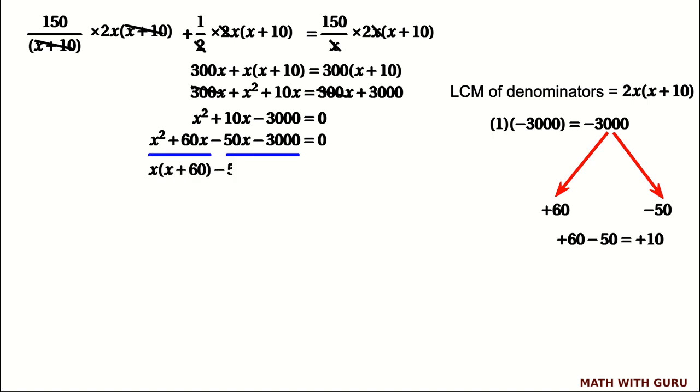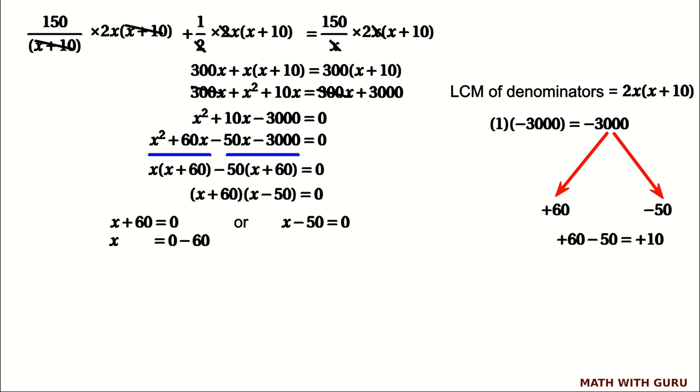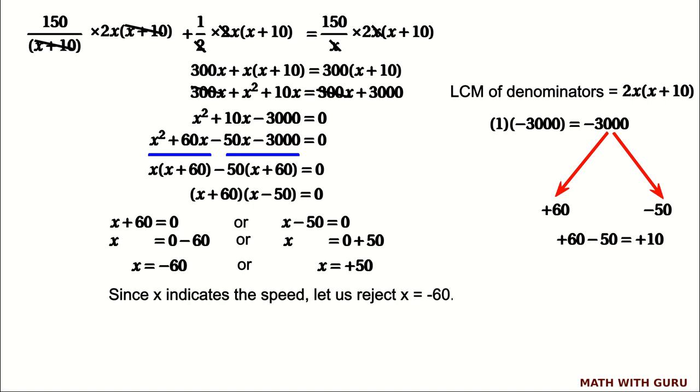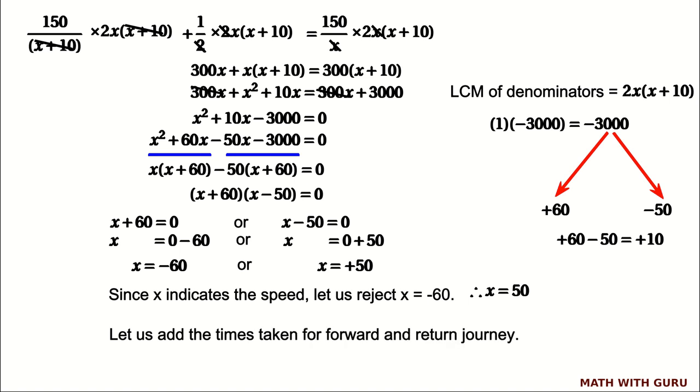Group the terms. x into x plus 60 minus 50 into x plus 60 equals 0. x plus 60 into x minus 50 equals 0. x plus 60 equals 0, or x minus 50 equals 0. x equals 0 minus 60, or x equals 0 plus 50. x equals minus 60 or x equals plus 50. Since x indicates the speed, let us reject x equals minus 60. Therefore, x equals 50. Let us add the times taken for forward and return journey.